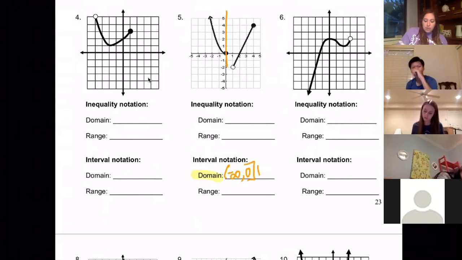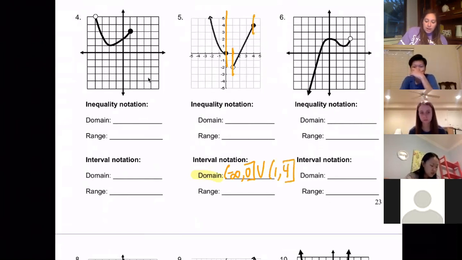Then I would put a U, and that's the same thing as saying or. And then I would start up again at 1, and then I would stop again at 4, bracket.